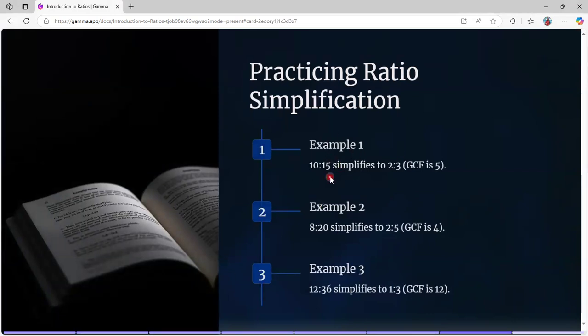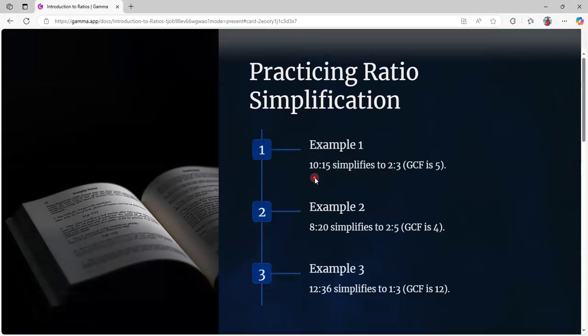And now we will learn how to simplify any ratio. For example, 10 to 15. How to simplify 10 to 15? Simplify means write 10 to 15 in its simplest form. Okay, we should find the GCF between 10 and 15. GCF is the greatest common factor. The GCF of 10 and 15 is number 5.